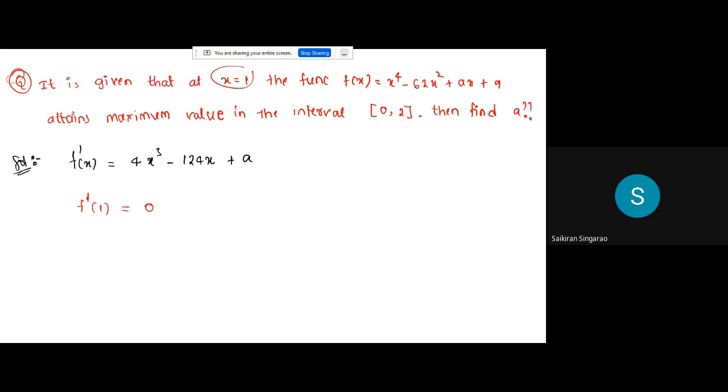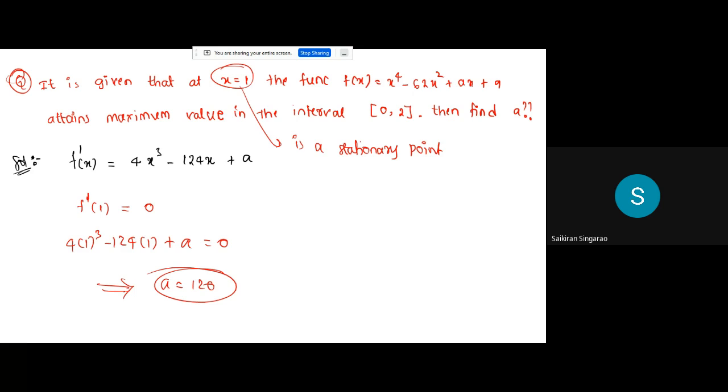So x equal to 1 is a stationary point, and f dash of 1 should be equal to 0. So 4 into 1 cube minus 124 into 1 plus a should be equal to 0, which implies a is equal to 120.